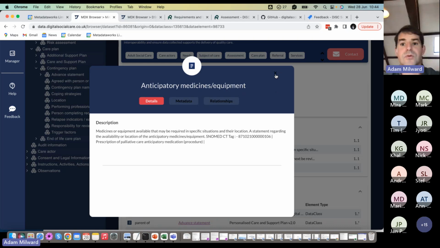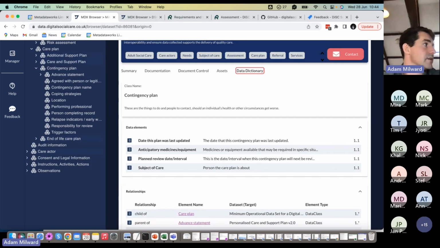I think there's a bit more looking into that. Again, agreed with personal legitimate representative. This probably needs to link to the consent models, so we need to look at that.